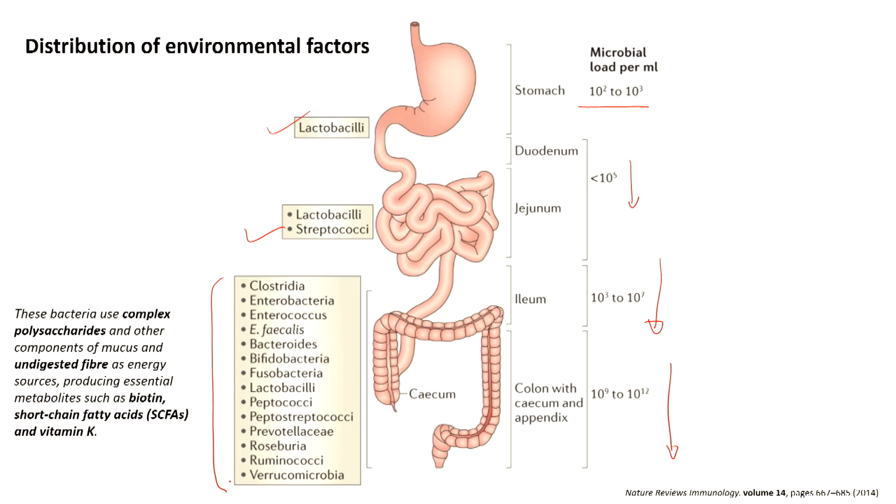We will not discuss everything here, but just to add a point, we know that these bacteria can degrade complex polysaccharides and other undigested fiber into short chain fatty acids to give energy, and these short chain fatty acids are a very important component for the T regulatory cell population.